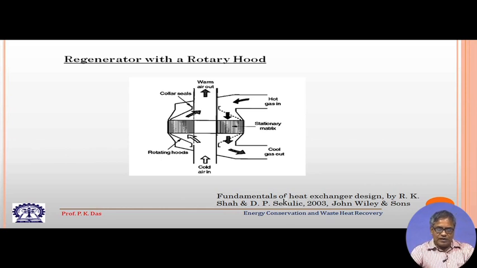For this kind of regenerator, the speed of rotation is very low, because there should be a good amount of time given for the heat exchange to take place between the flowing gas stream and the matrix material. The wheels are very large, the gas velocity is also low, so that a good amount of heat exchange takes place.